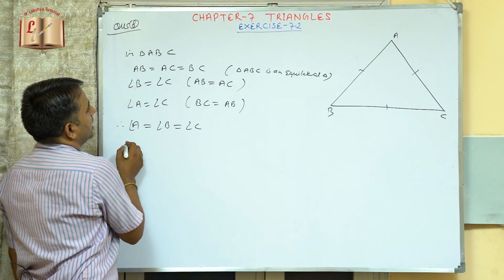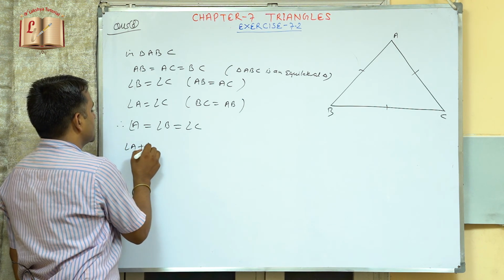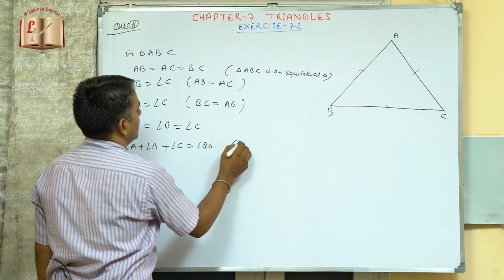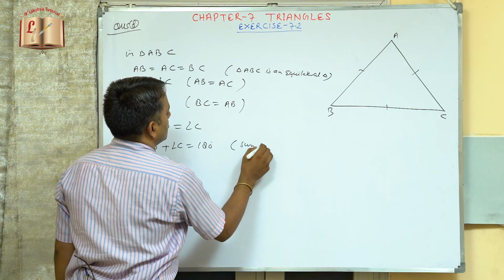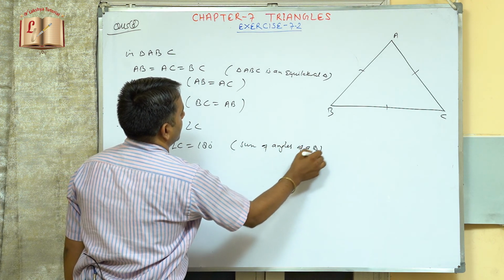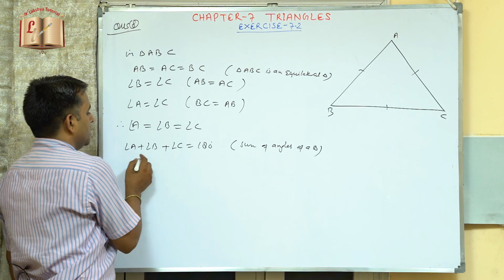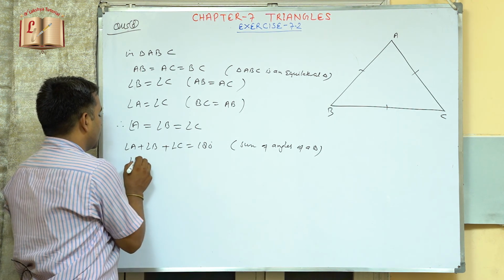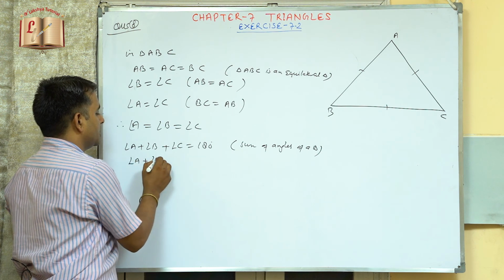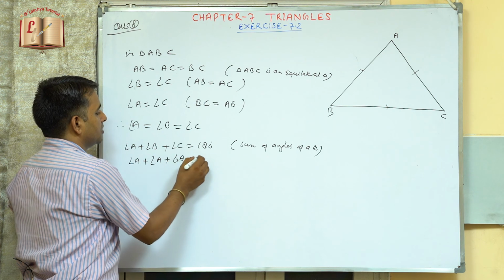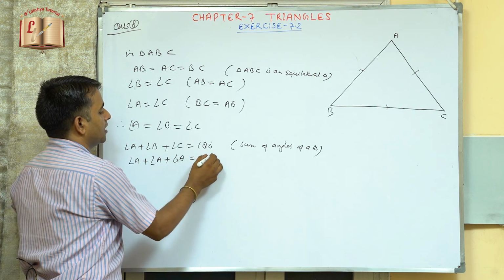So now in triangle ABC, angle A plus angle B plus angle C will be equal to 180 degrees. This is the sum of angles of a triangle. Now all three angles are equal, so I can write angle A plus angle A plus angle A equals 180 degrees.